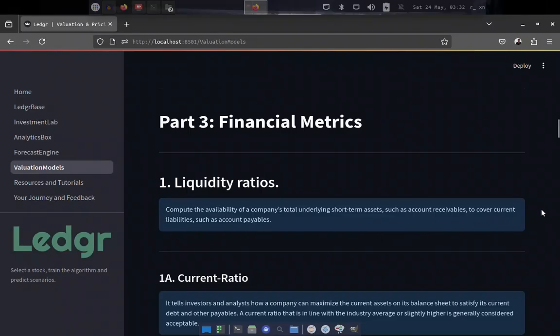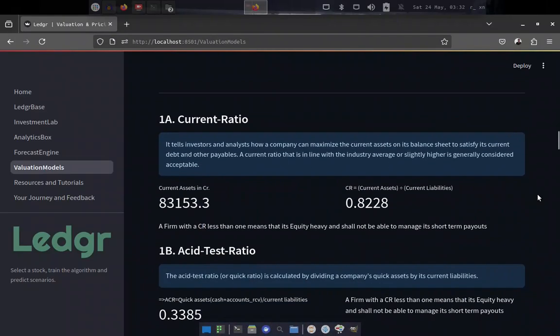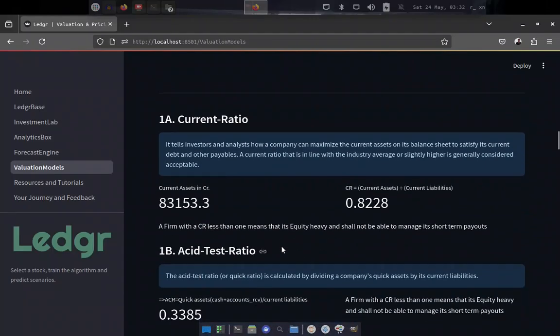The liquidity ratios summarize whether a company is in control of enough liquidity to cover its short-term or long-term payouts. And for each case, like the current ratio and the asset-based ratio, the definitions are given over here, and the references are given right below.